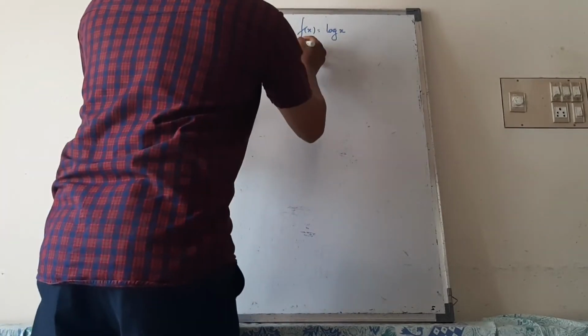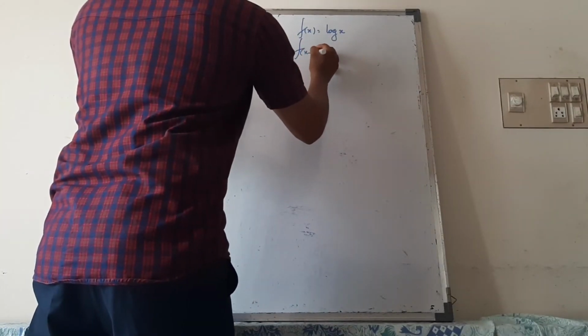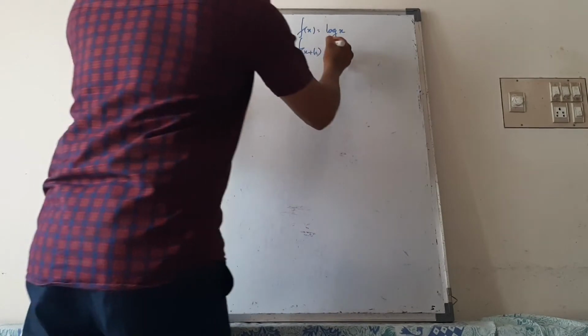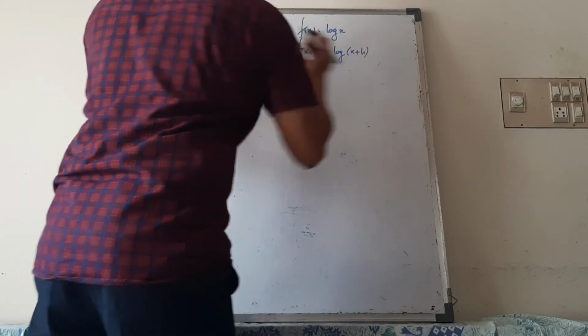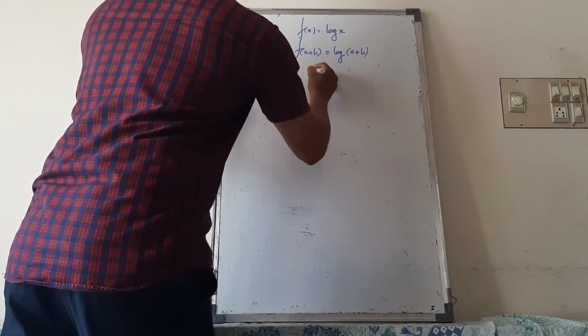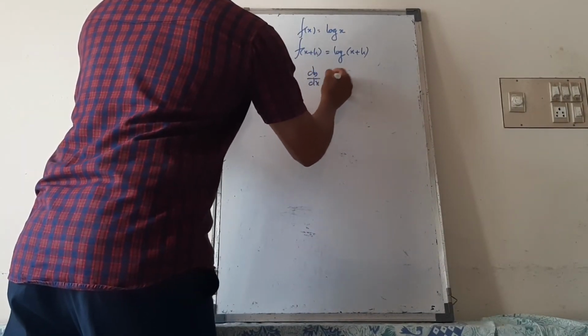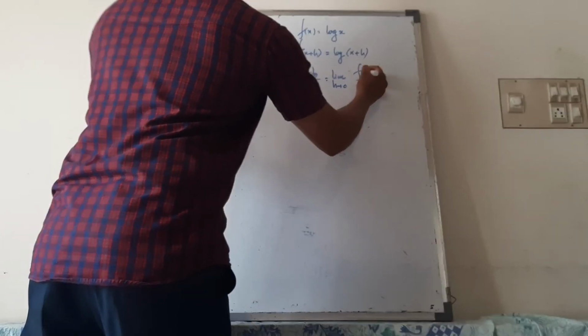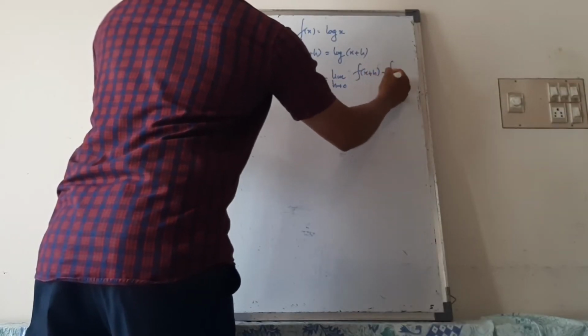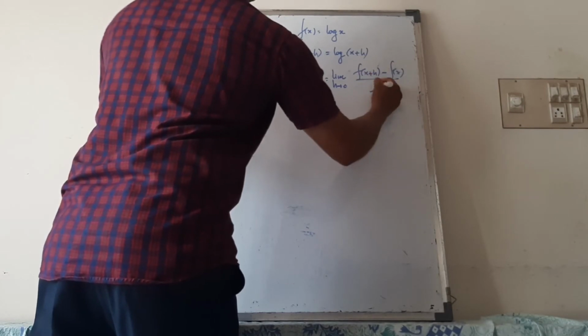For finding the derivative of this function, first we find f(x+h). f(x+h) means log of x plus h. Again we use the same formula, dy/dx is equal to limit h tends to 0 of [f(x+h) − f(x)] the whole divided by h.